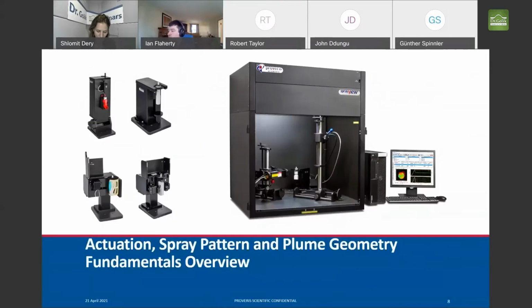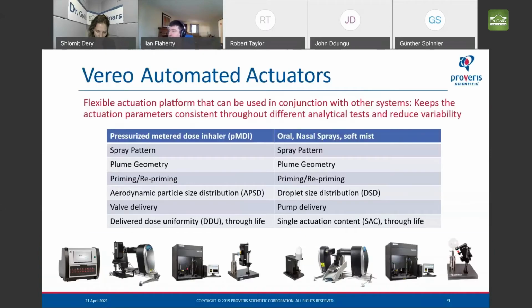So I'll go into talking about automated actuation in spray pattern and plume, and just give everybody a quick fundamentals overview if you're not already familiar. Our Vereo automated actuators are used in a whole variety of different tests in our contract lab as well as at our different customer sites.